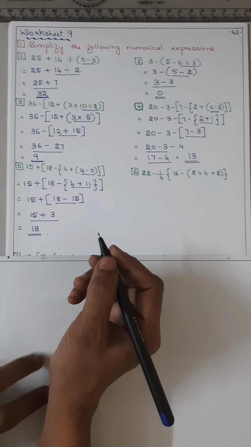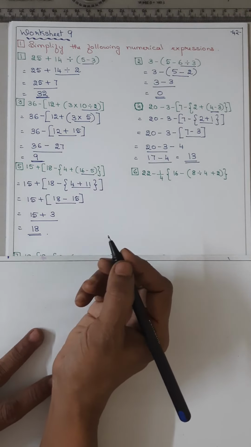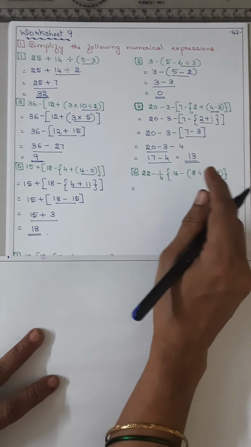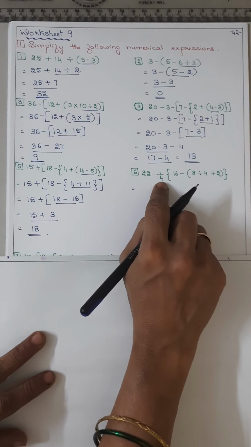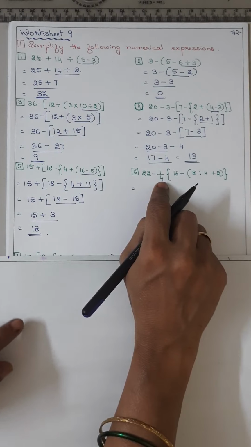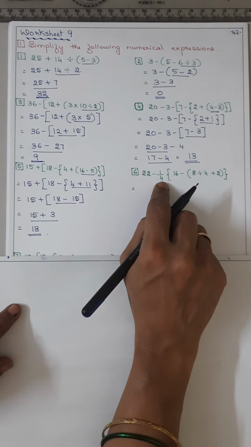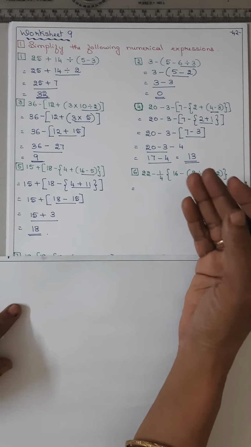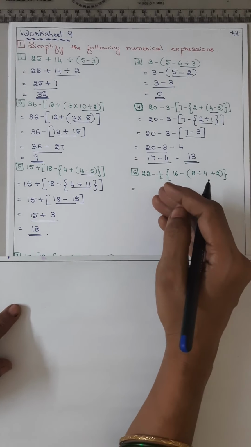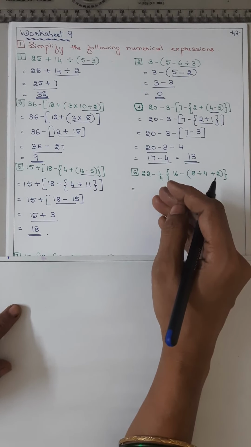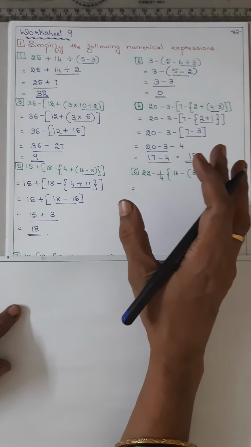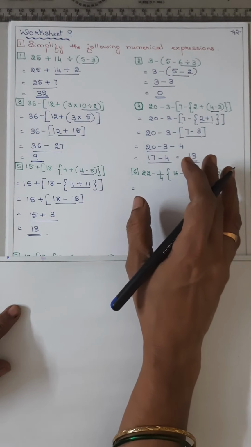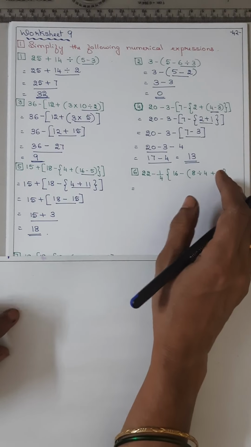Okay. Now coming to the sixth sum. In the sixth sum we have got a fraction. So usually when there are fractions and decimals, you have to solve it in rough work and then write it here. Last year you have seen there was a simplification about the whole numbers, then the fractions and the decimals.